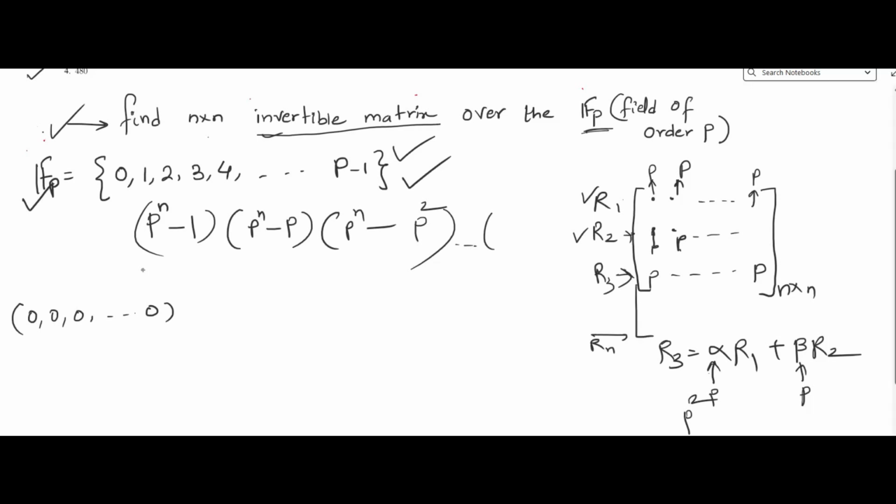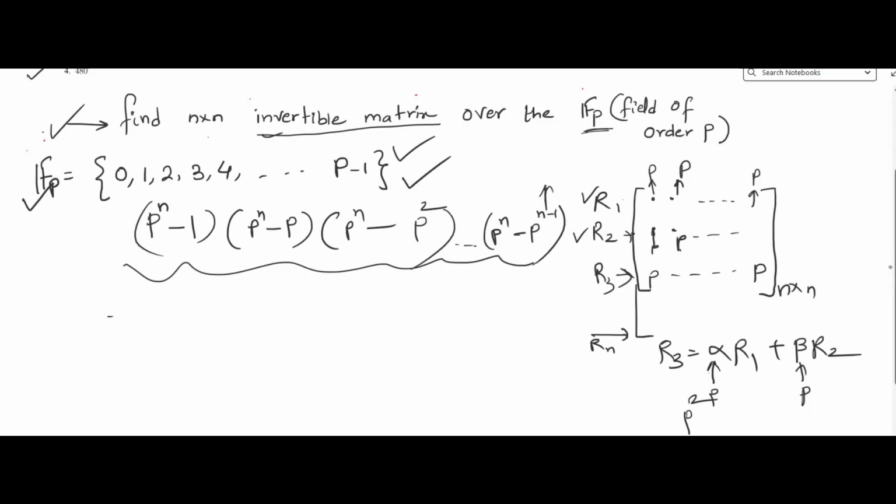For the nth row, there will be p raised to n minus p raised to n minus 1 choices. Why p raised to n minus 1? Because for the last row, I don't want it to be a linear combination of the above n minus 1 rows, so I have to subtract p raised to n minus 1, because these are the choices where the last row is a linear combination of the above n minus 1 rows.